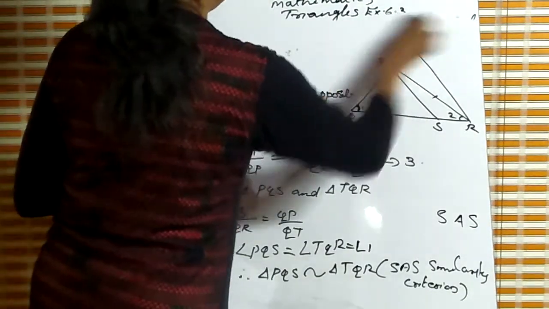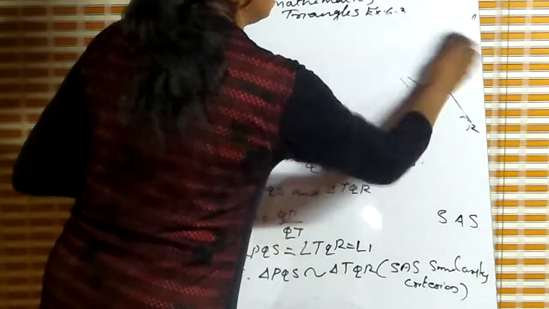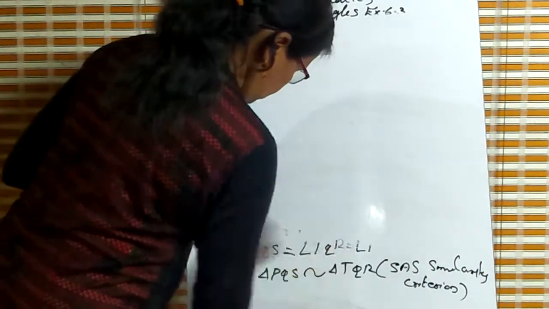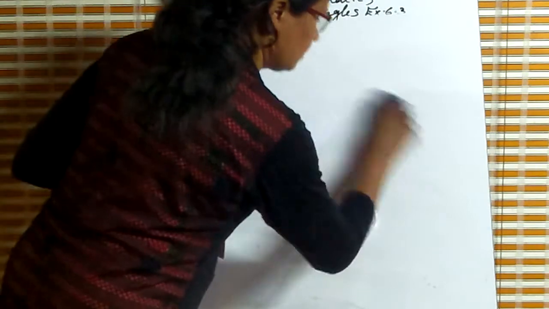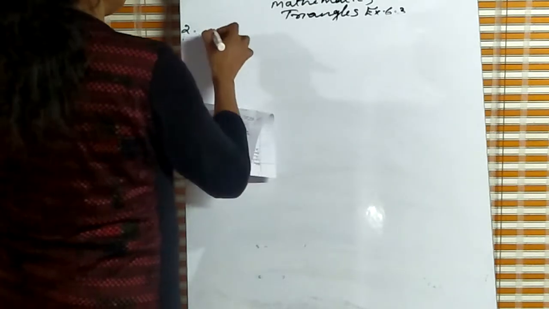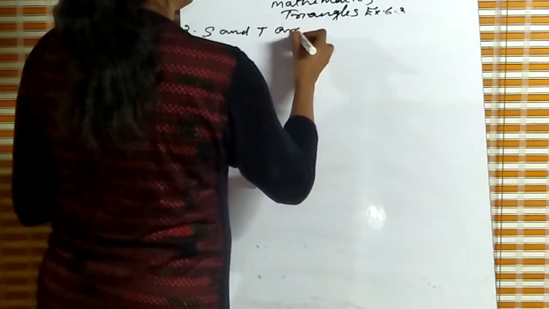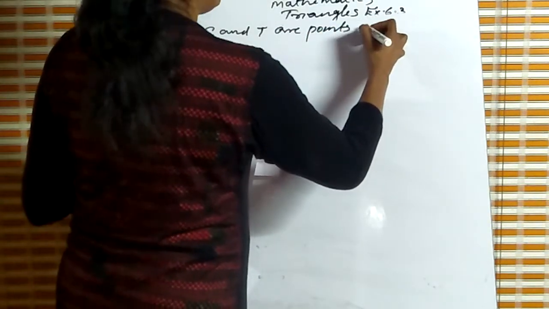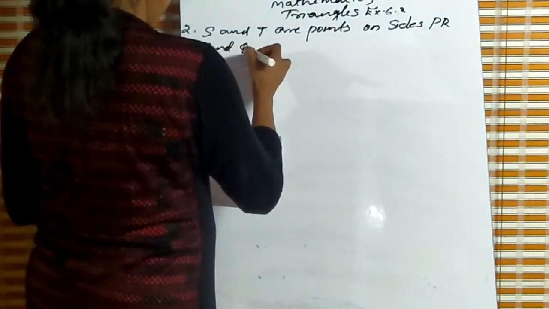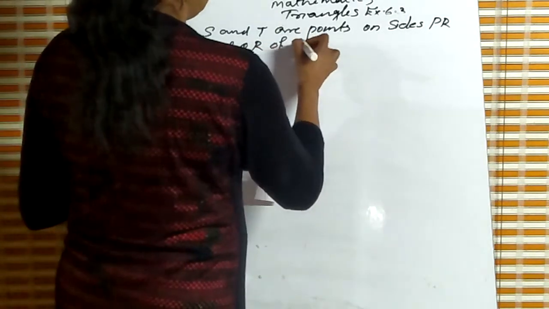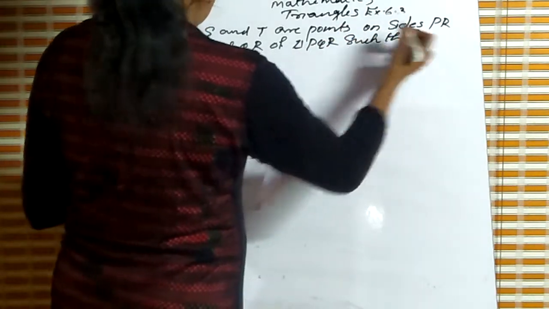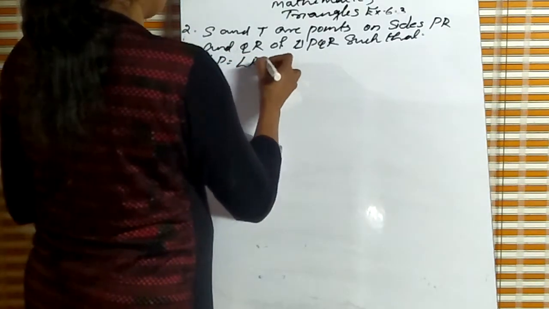Second question. S and T are points on sides PR and QR of triangle PQR such that angle P is equal to angle RTS.